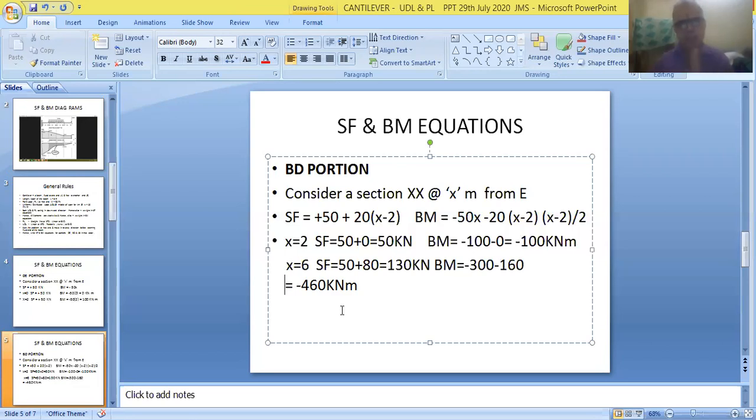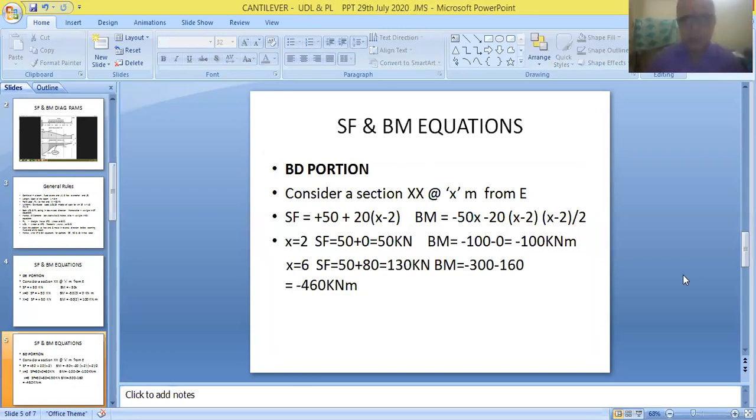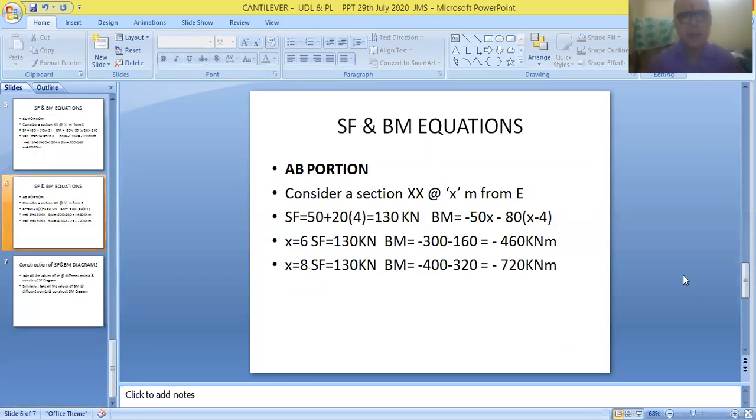So friends, this is how we have to make calculations in the second portion, that is BD portion. And now we are going to AB portion, and here also we have to consider a section XX at a distance of X meter from the free end of the beam.